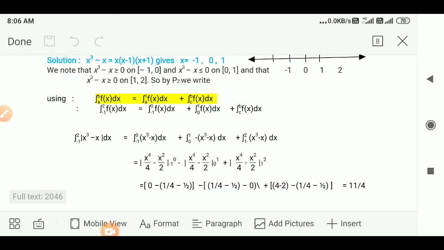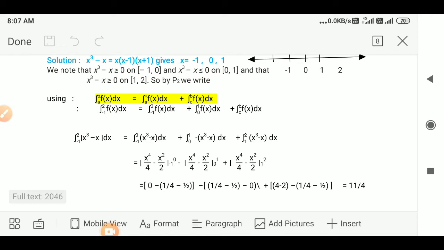All are positive, thus we get a positive result. So we have two intervals in which the function is positive, and one interval in which the function is negative. So using the property integral a to b f(x) dx is equal to integral a to c f(x) dx plus integral c to b f(x) dx, here we have integral minus 1 to 2 f(x) dx is equal to minus 1 to 0 f(x) dx plus 0 to 1 f(x) dx plus 1 to 2 f(x) dx.